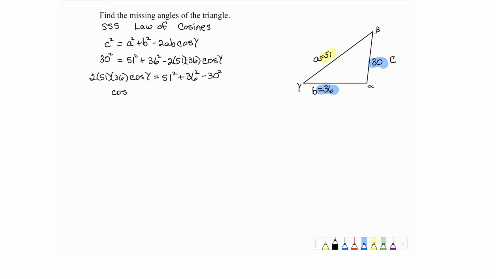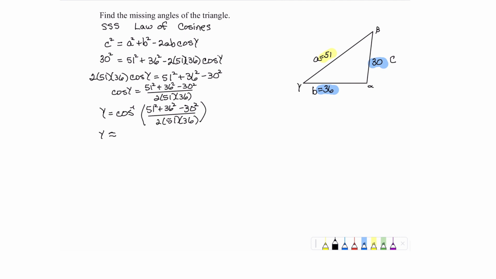So cosine gamma is equal to 51 squared plus 36 squared minus 30 squared, all over 2 times 51 times 36. And then to find gamma itself, take the inverse cosine of both sides. Make sure you check that your calculator is in degree mode.